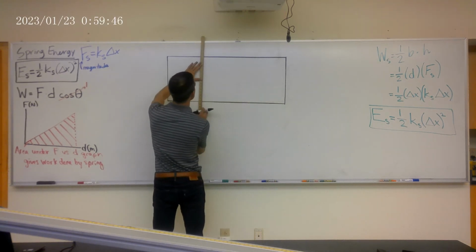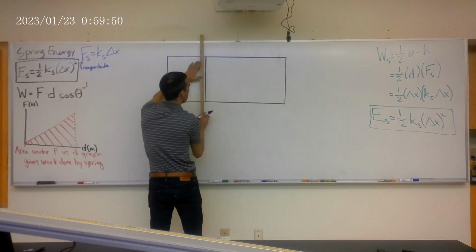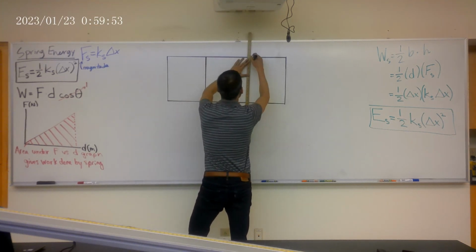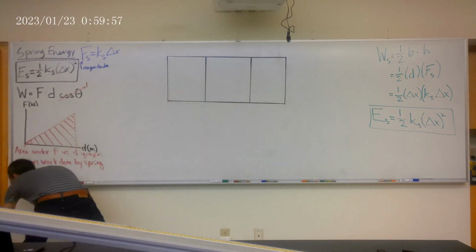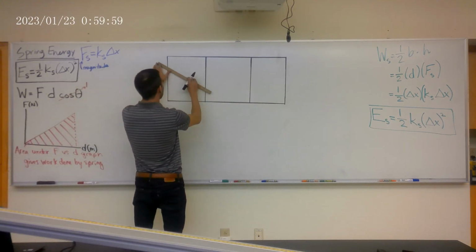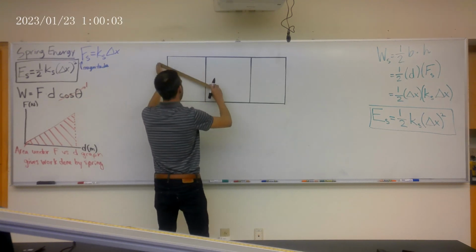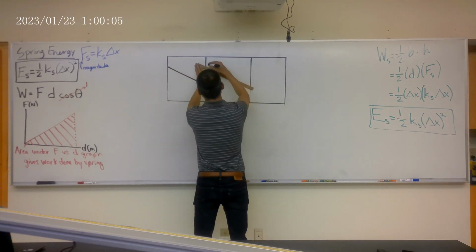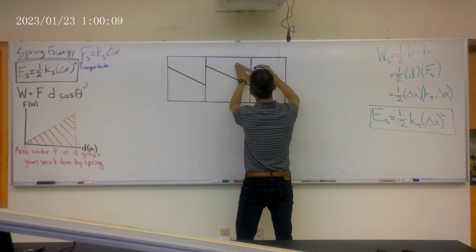So we need to split this into 3 different panels. 1, 2, 3. Each of these panels will have a track. Your track should be inclined according to how you're looking at it at your table, so I'll draw it from your perspective. There's my inclined track.